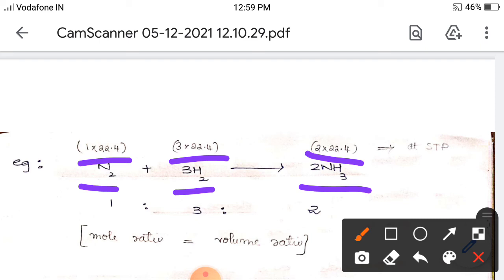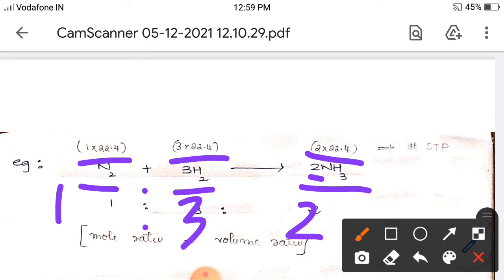There's 1 into 22.4 liter, 3 into 22.4 liter, and 2 into 22.4 liter. Here the mole ratio. What is the mole ratio of these reactants and products? The mole ratio is 1 is to 3 is to 2.